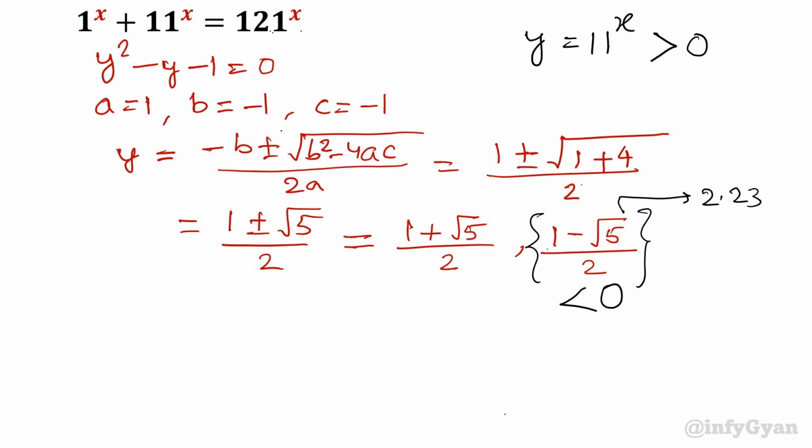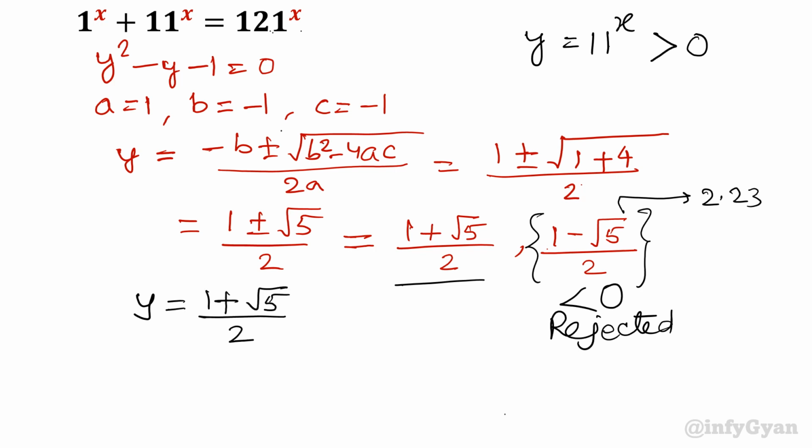It cannot be 0, it cannot be negative. So this value will be rejected. So y cannot be accepted as negative. Now come to positive. So y will be equal to 1 plus square root 5 over 2. This is the golden ratio, very important it is.